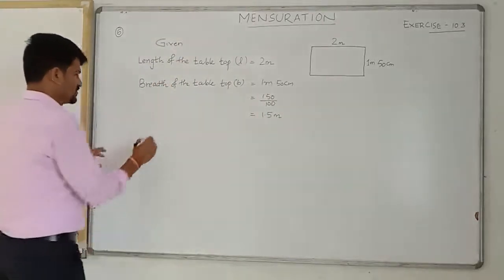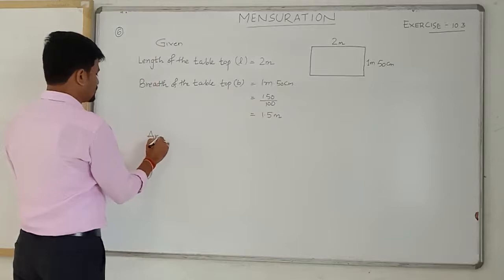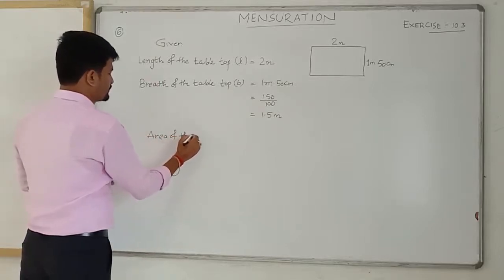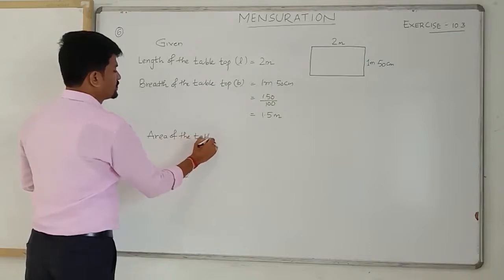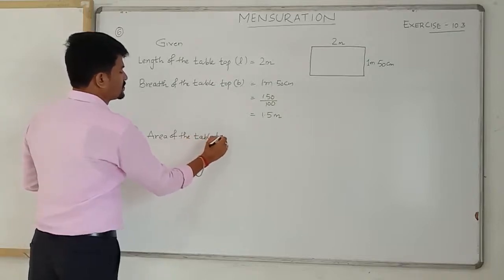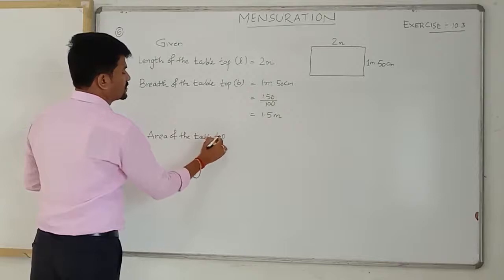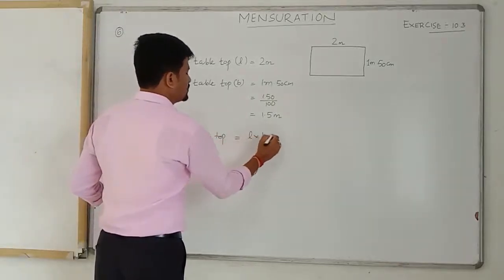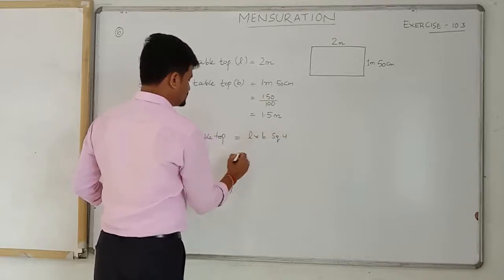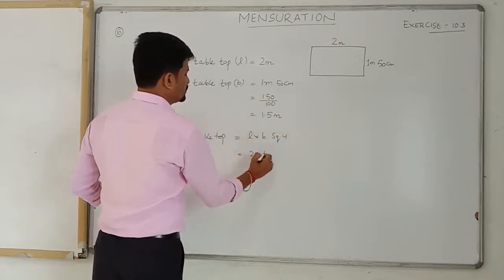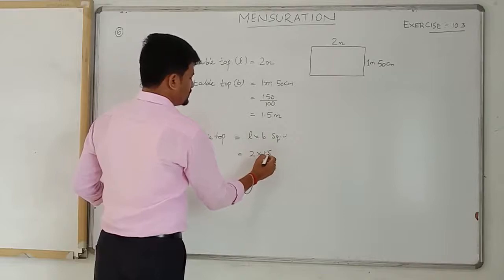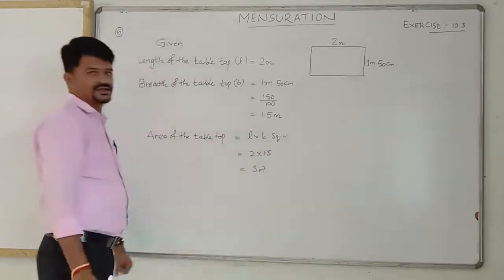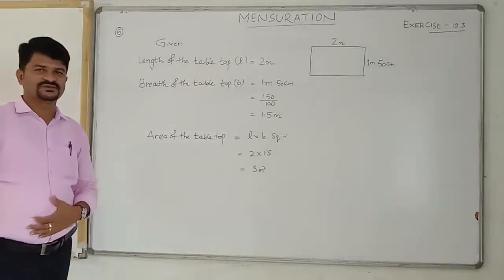Now area of the tabletop is L into B square units, that implies 2 into 1.5, that implies 3 meters square.